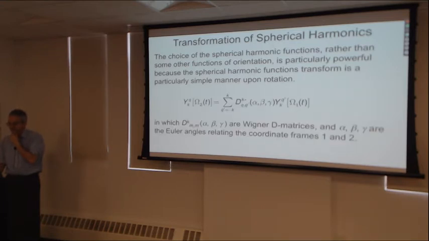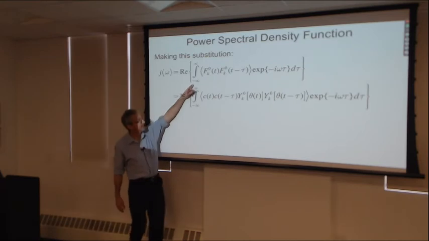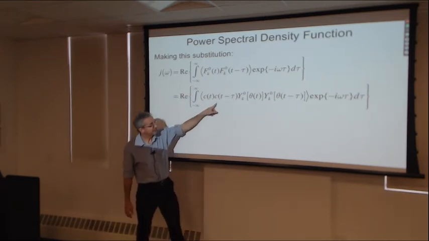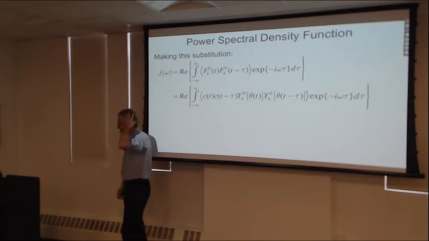So this repeats what Ann told you. We can transform the spherical harmonics using rotation matrices from one frame to another. So again, from a principal axis frame to a molecular frame. So if we substitute in, then we have, quite trivially, this correlation function.